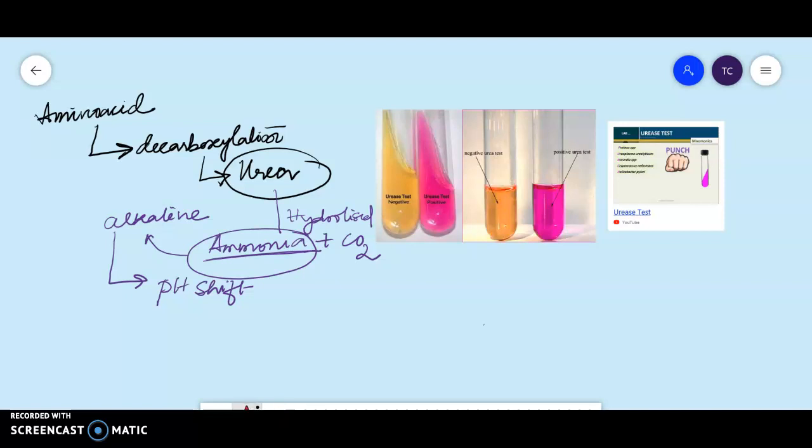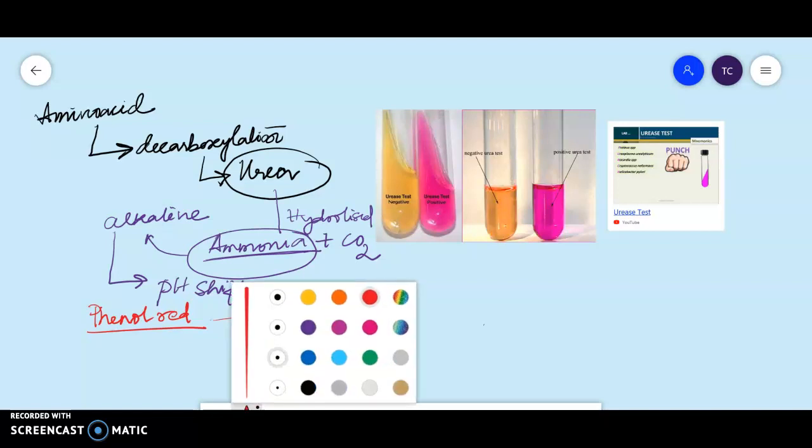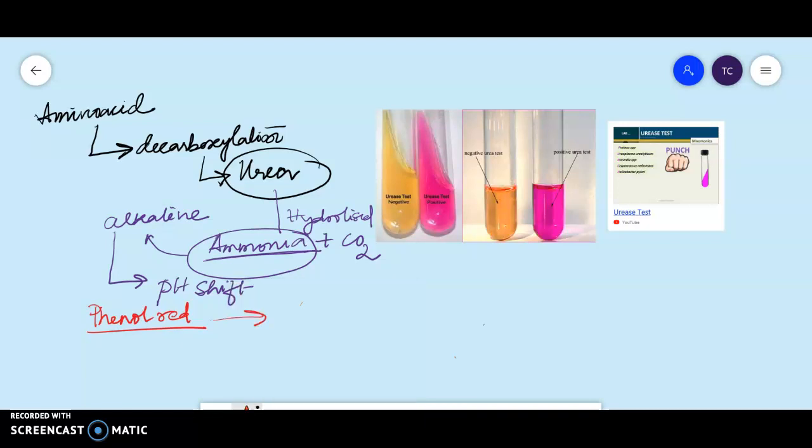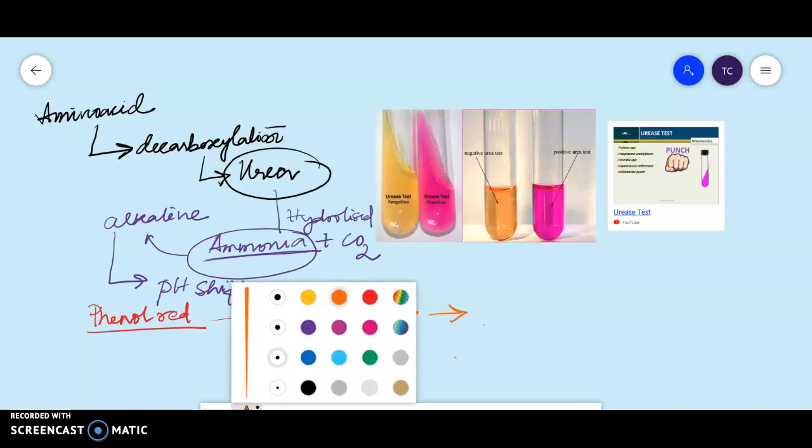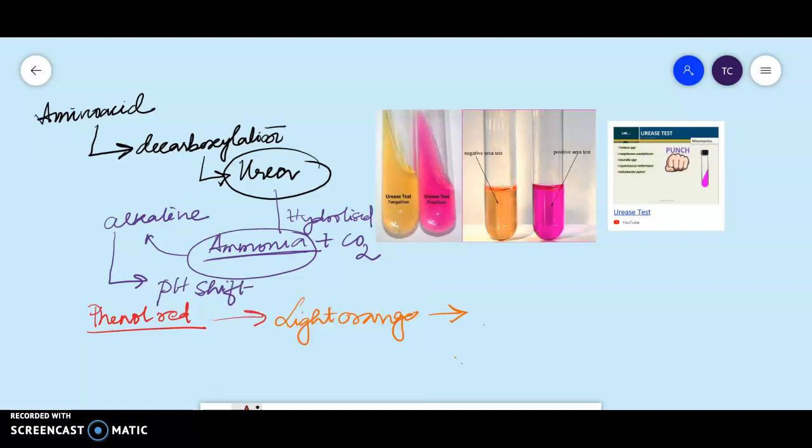So you have an indicator, phenol red, and this phenol red will convert the color from light orange to your magenta or your pink, and that will be done within 24 hours.